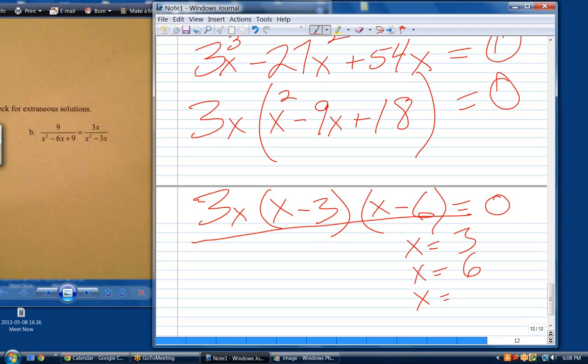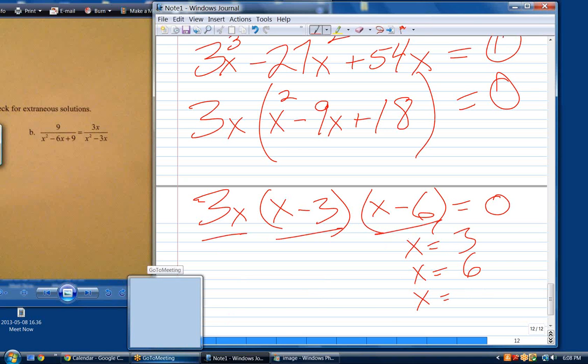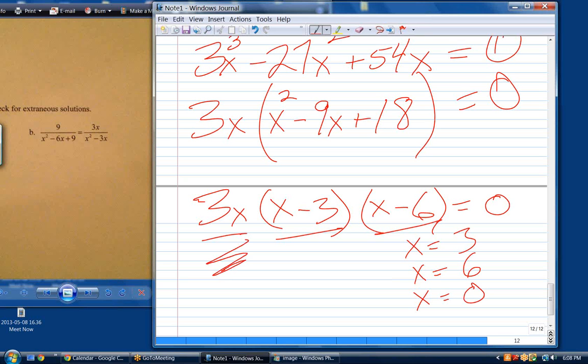Any of the 3 can be 0. So what's the third solution? In other words, either this can be 0, this can be 0, or that can be 0. Okay. So the third solution is x equals 0 for this part over here.